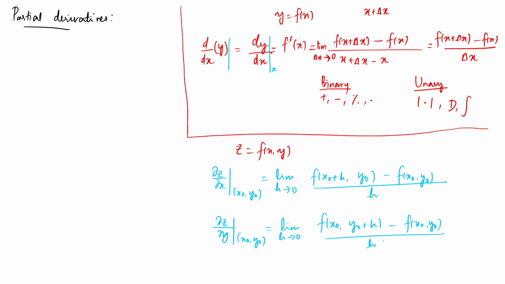Can you see how we have extended the definition of a derivative to the definition of partial derivatives in the two variable case? Can you see the similarities between them?